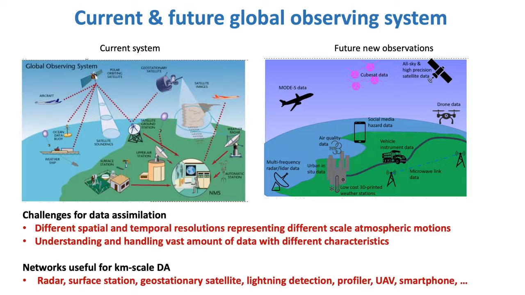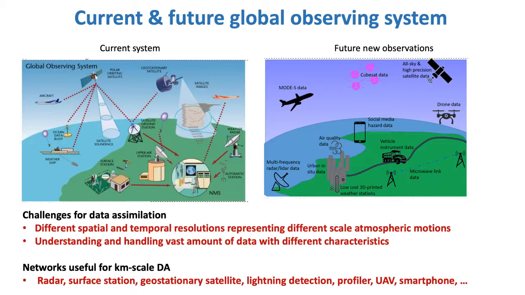So in order to assimilate these different types of observations, there are great challenges for data assimilation and modelers. For example, because these observations have different spatial and temporal resolutions representing different scales of atmospheric motions, the data assimilation method has to be able to optimally assimilate different types of observations.